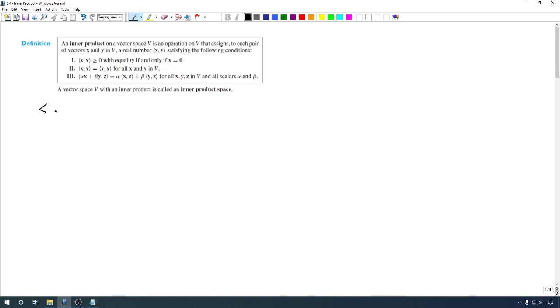If we wanted to take the inner product of, say, x with alpha y plus beta z, we can just swap that to the front using our second property. There should be an angle bracket. We can then split it up using property 3.